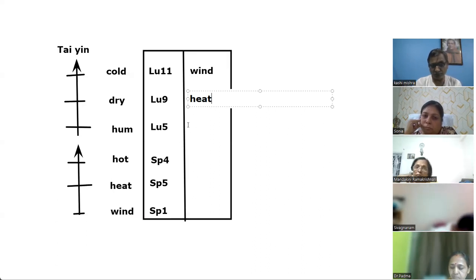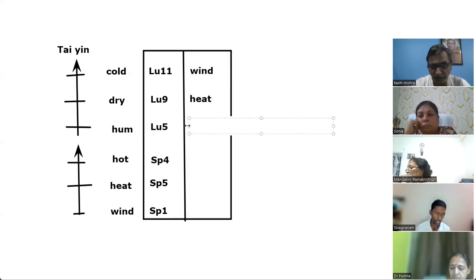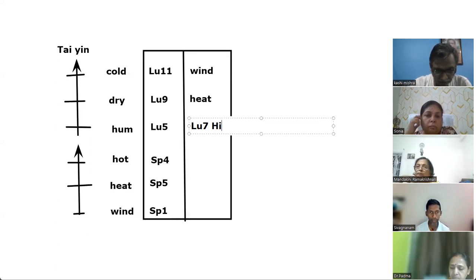What should be the hotness point? As I told you, it should be the luo connecting point. What is the luo connecting point? LU7. So this LU7 is hotness. Remember, not LU5. Then comes humidity.